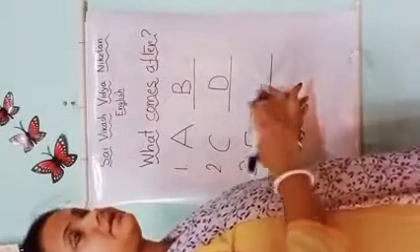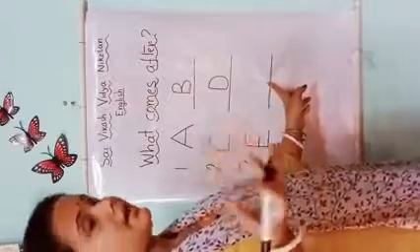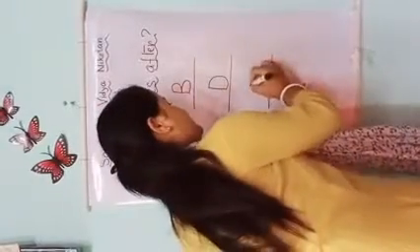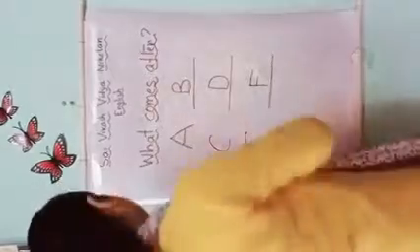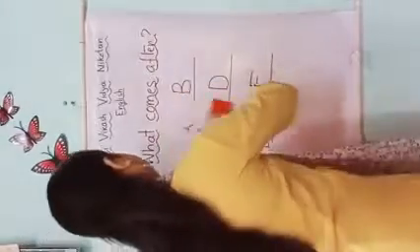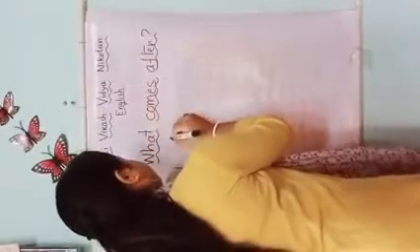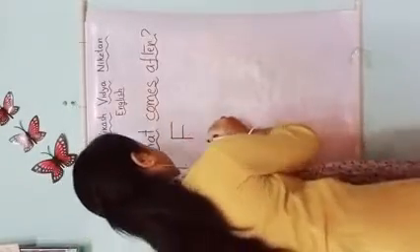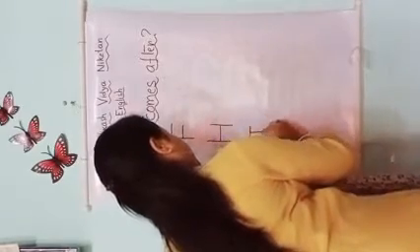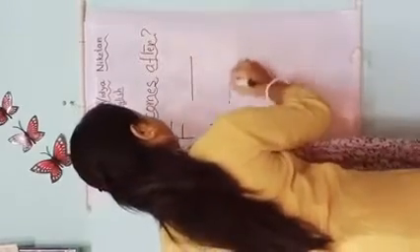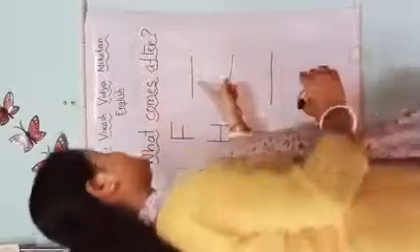A, B, C, D, E, F. We got the letter. That is the letter which comes after E. Okay? So once again, this means what?